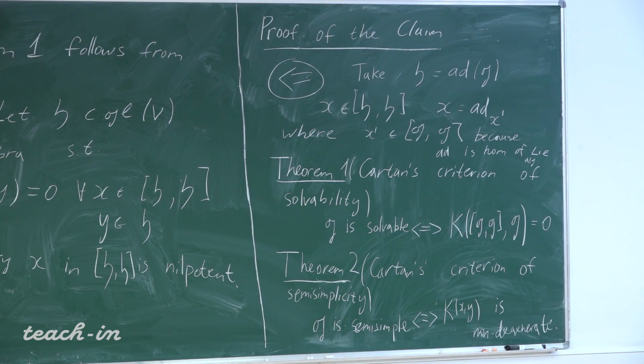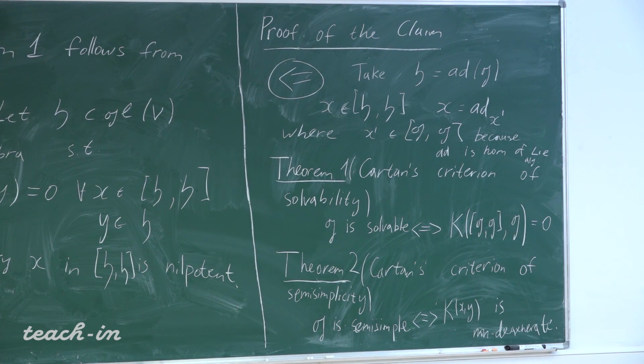But then ad x for x from [G, G] is strictly upper triangular, because this is a commutator of two upper triangular matrices.